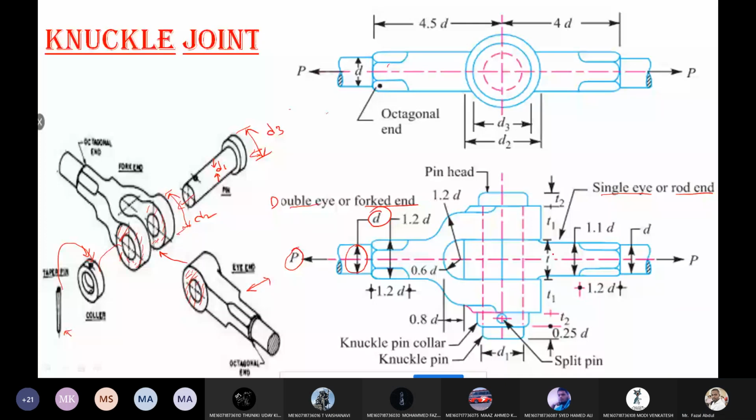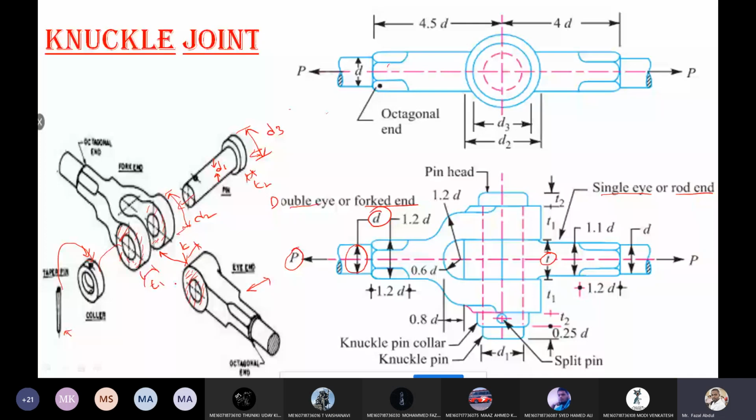This is the one, thickness of the single rod, and t2 is the thickness of the pin head. t2 is the thickness of the pin head, and t1 is the thickness of the double eye rod.